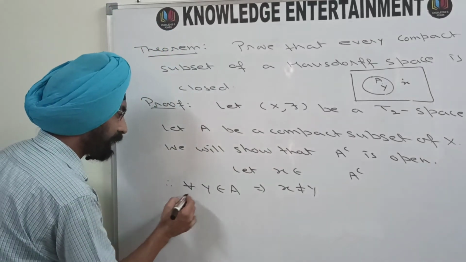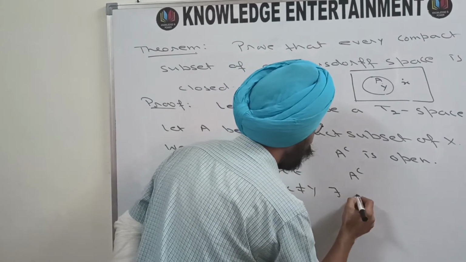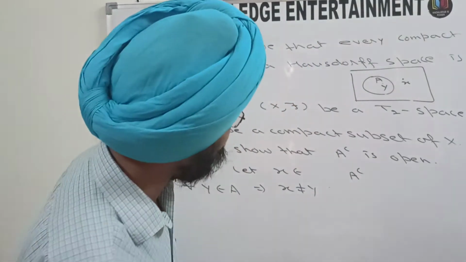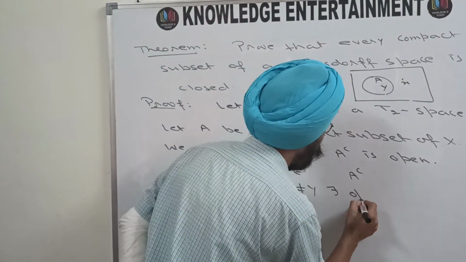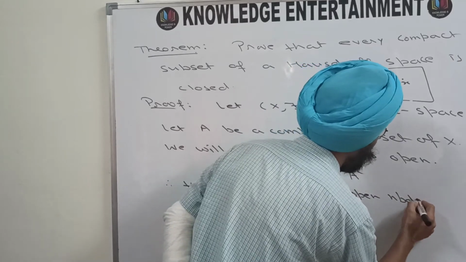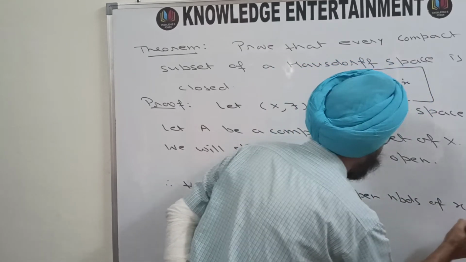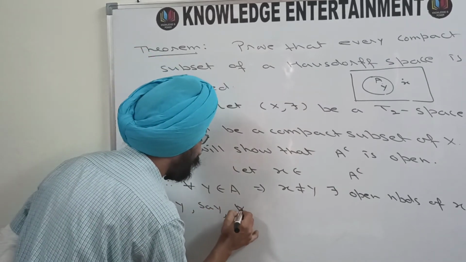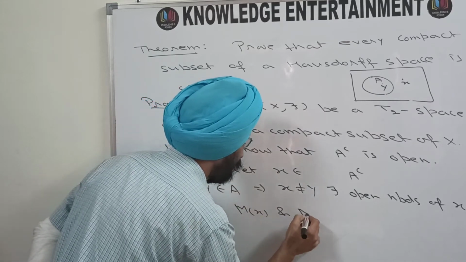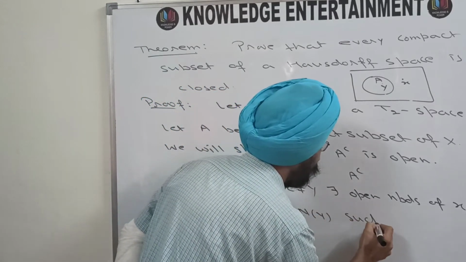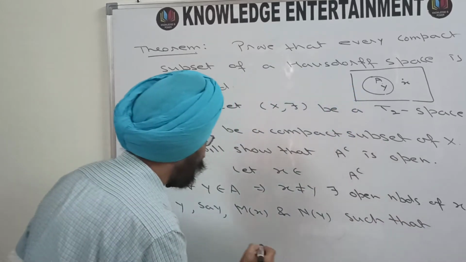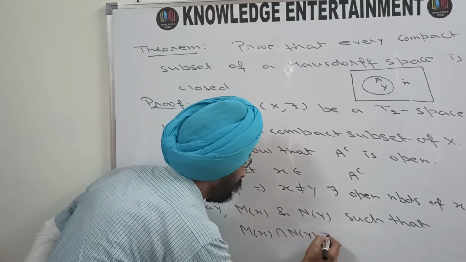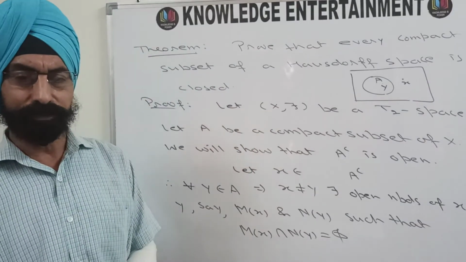So therefore there exist open neighborhoods of x and y, say Mx and Ny, such that Mx intersection Ny is equal to phi.